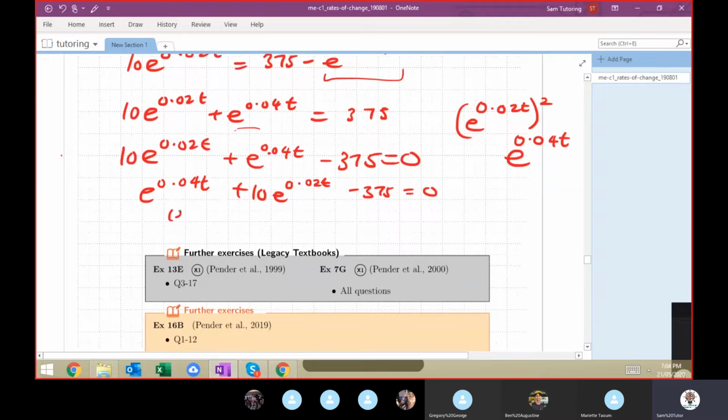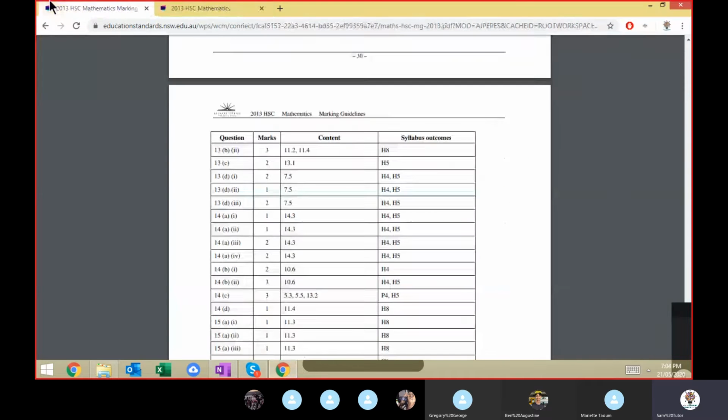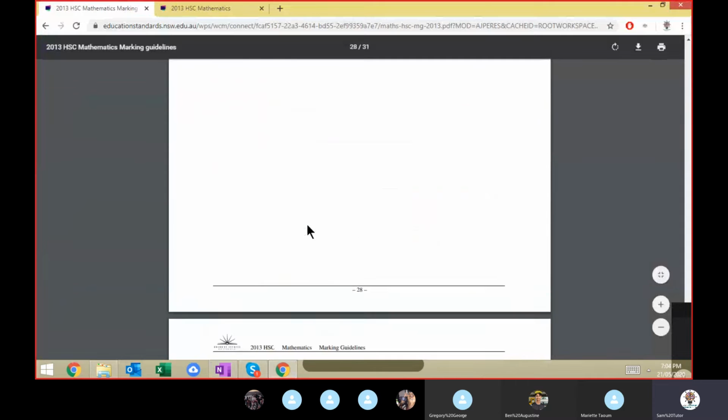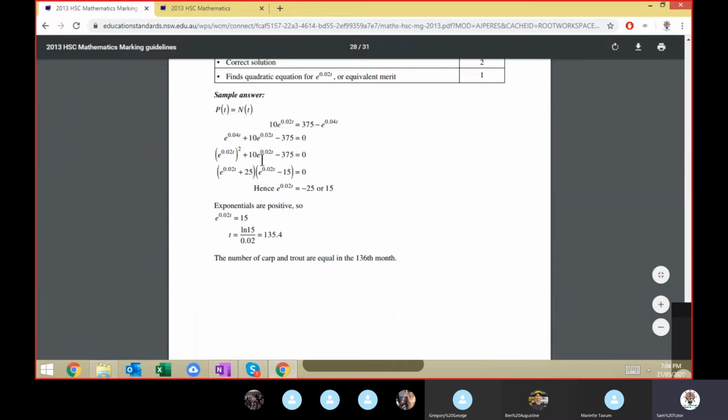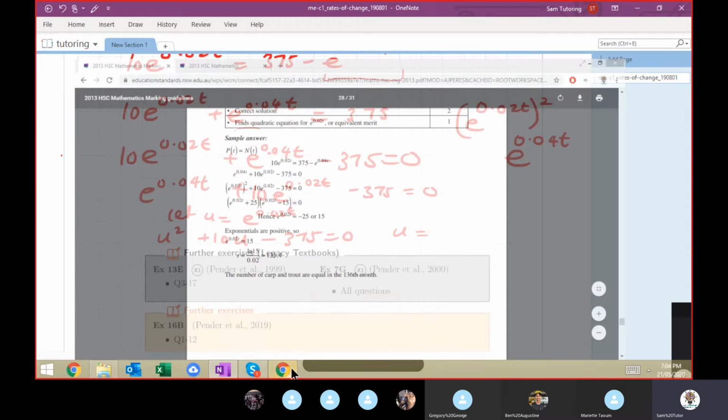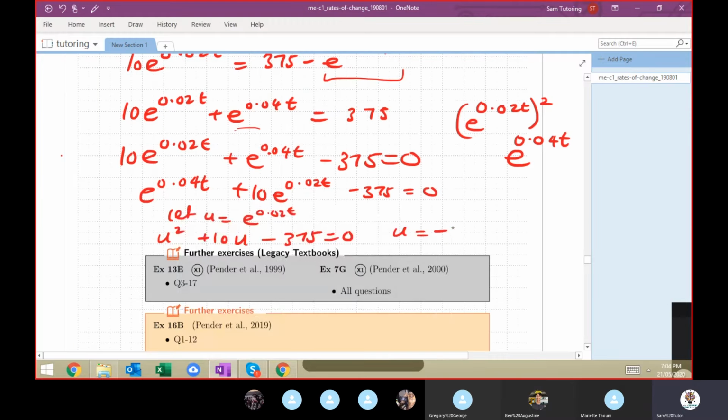So you let u equal to e^0.02t. Now, of course, that becomes u squared plus 10u minus 375. And then you just solve for u. And then you bring your exponential back. Since I've got the answers, I think we can safely copy it. You solve it, you get negative 25 and 15. So u equals negative 25 and 15.